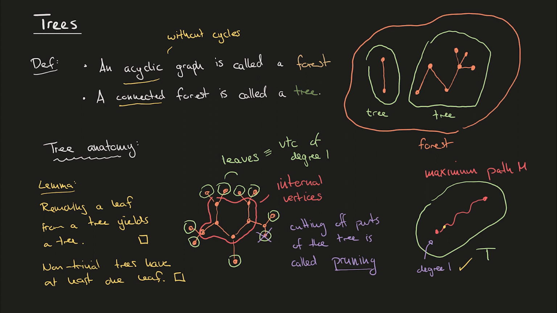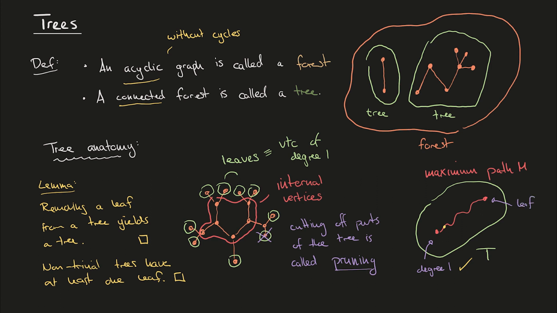Now it's possible to get a stronger statement by observing that this path also has a second endpoint, which by the same argument as we used for the other endpoint, again has to have degree 1. So this is also a leaf.